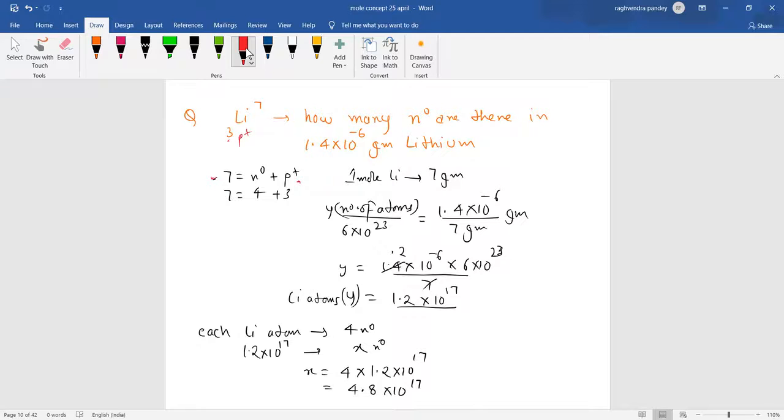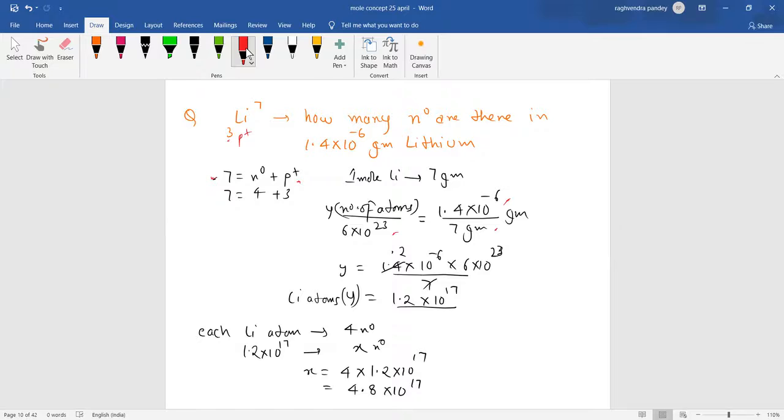Now again the formula: number of particles, here number of atoms, divided by Avogadro number, equals 1.4 into 10 power minus 6 divided by 7 gram. 7 gram is the gram atomic weight. Got it?